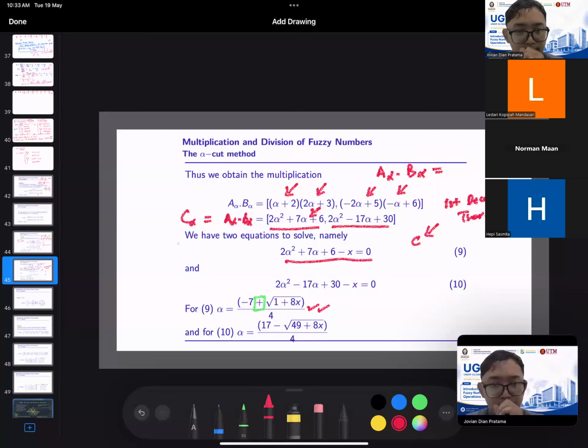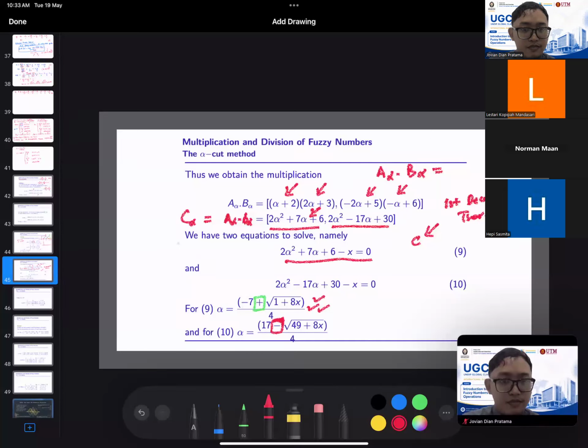You need to choose this plus here, and then here we choose the negative one instead of a positive, a minus instead of a plus over there. But in this one, we choose a plus. Why? There is a reason. If you understand the concept, then you can answer me. If you don't understand, then you cannot answer.